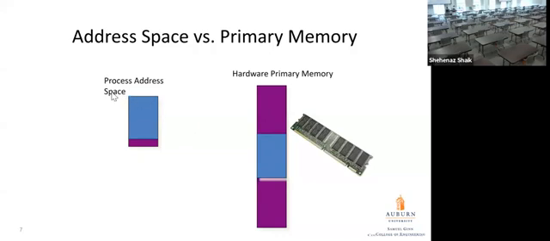Okay, and each process also sees the starting address of the memory which is allocated to that particular process as starting at the memory location 0. So this is how the process sees.